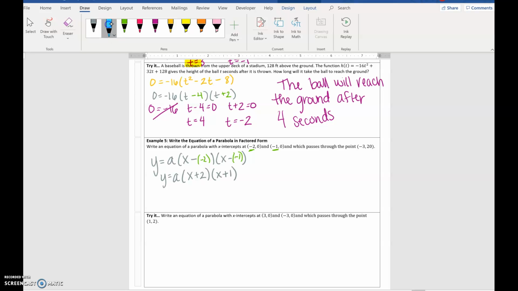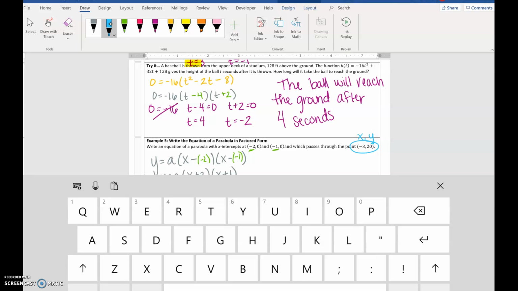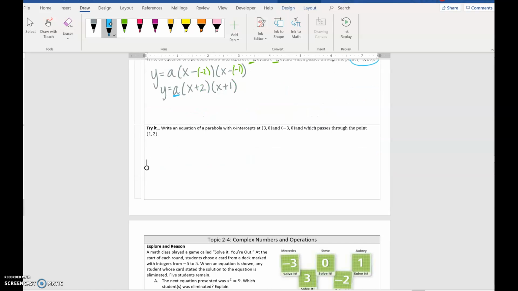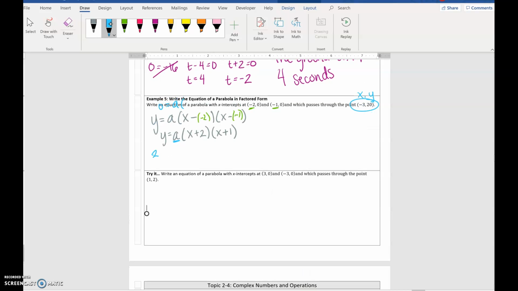And then we're going to take this point right here that it gives us, we're going to plug it in for x and y and solve for our a value. So we have that y equals 20, and that x equals negative 3.